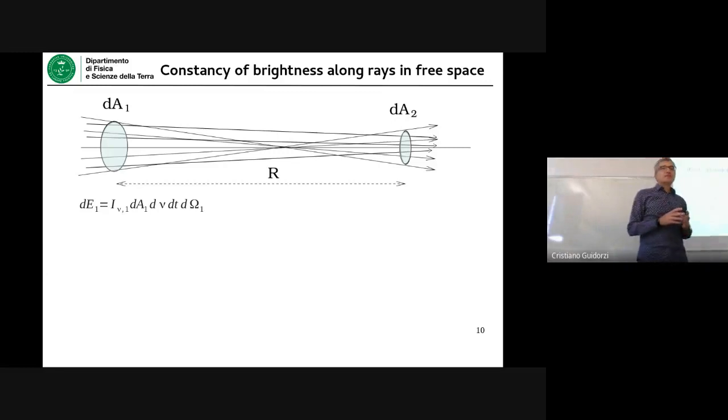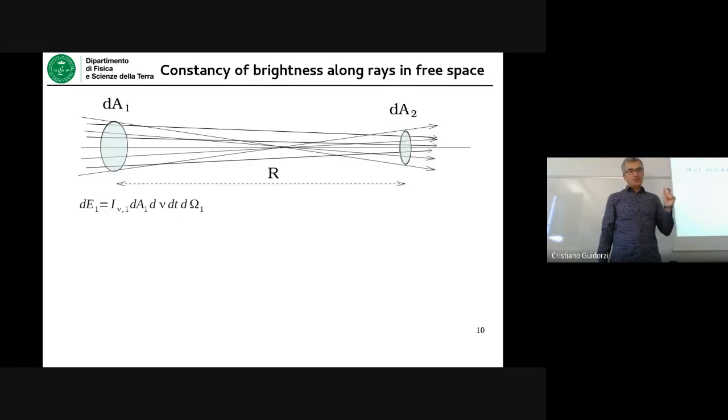So let's express, by exploiting the definition itself of specific intensity, the amount of energy which is crossing surface dA1 within a given frequency interval d nu, within a given time interval dt, and directed along a given solid angle d omega 1.